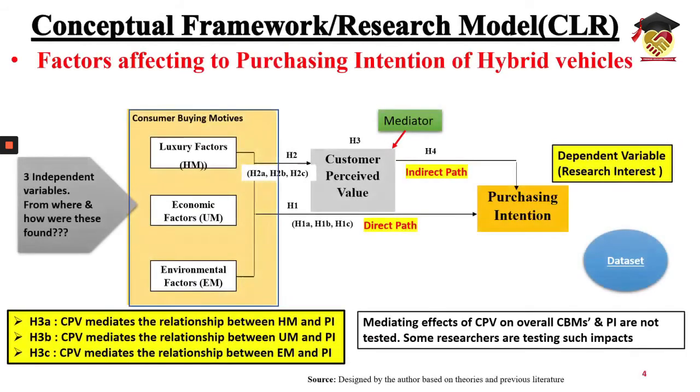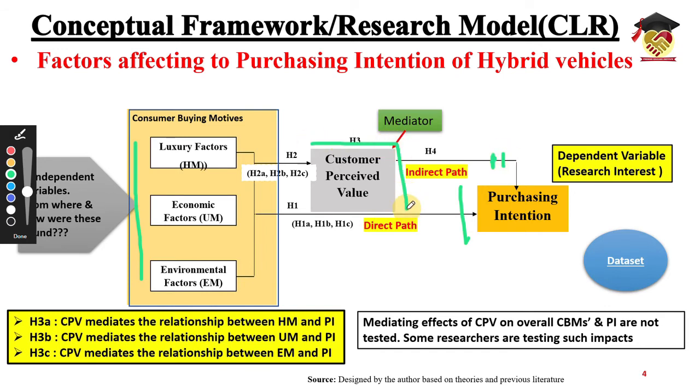So this is our standard model. You can see here we have our three independent variables as usual, and this is our dependent variable, PI. This is our mediating variable. Under hypothesis H3, we have to test all these three relationships.